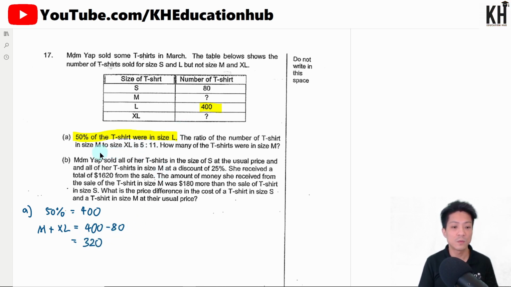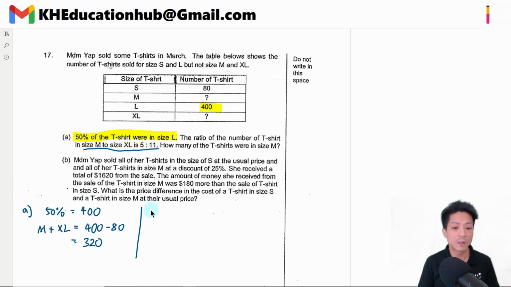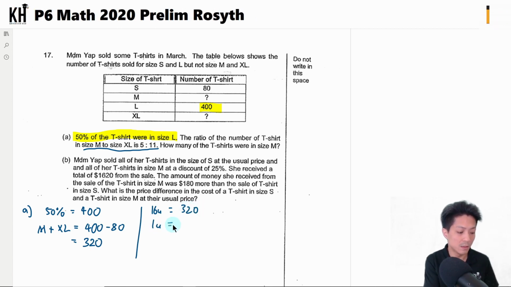Then the next thing will be to realize this: the ratio of the number of t-shirts in M to XL is 5:11. So the next step is to find what is 1 unit. 16 units is equal to 320. 1 unit will be 320 divided by 16.